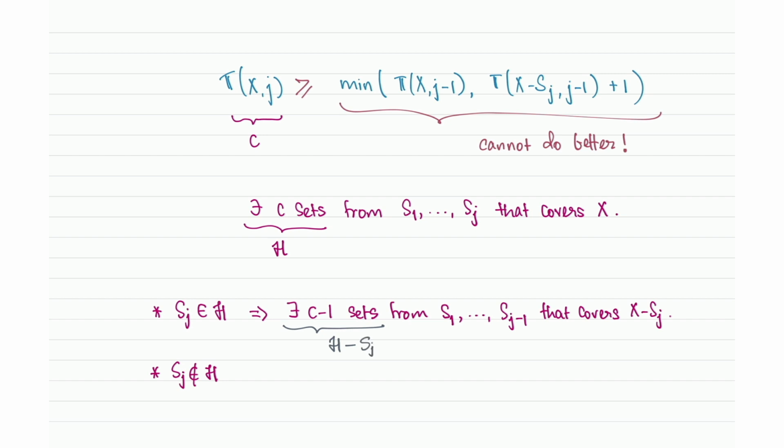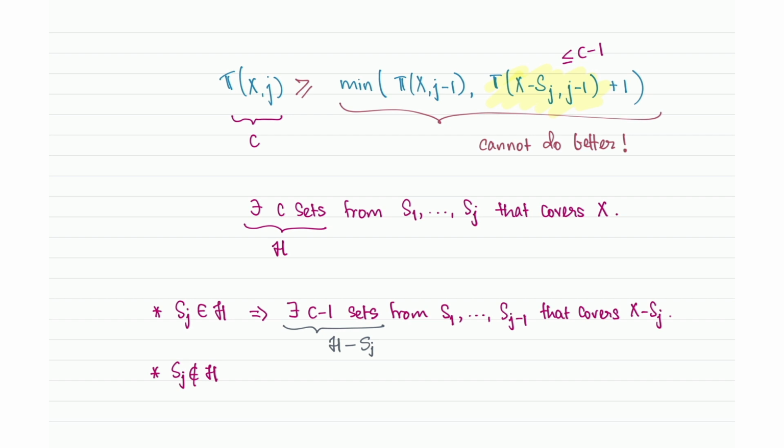So H was a collection of c sets, and we knock out one from it, and we are left with c minus 1. And those c minus 1 sets, of course, come from S1 to Sj minus 1, and they cover x minus Sj. So in this case, at least, what we know is that t of x minus Sj, j minus 1 is going to be at most c minus 1. Maybe it can be better, but certainly c minus 1 is a valid upper bound.